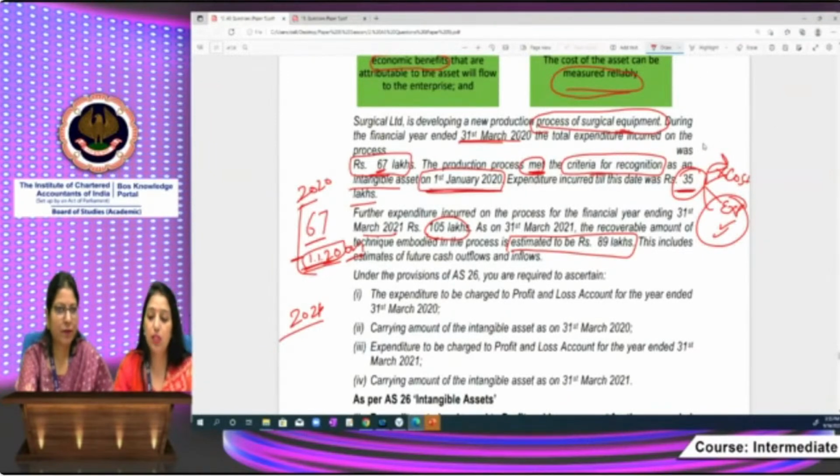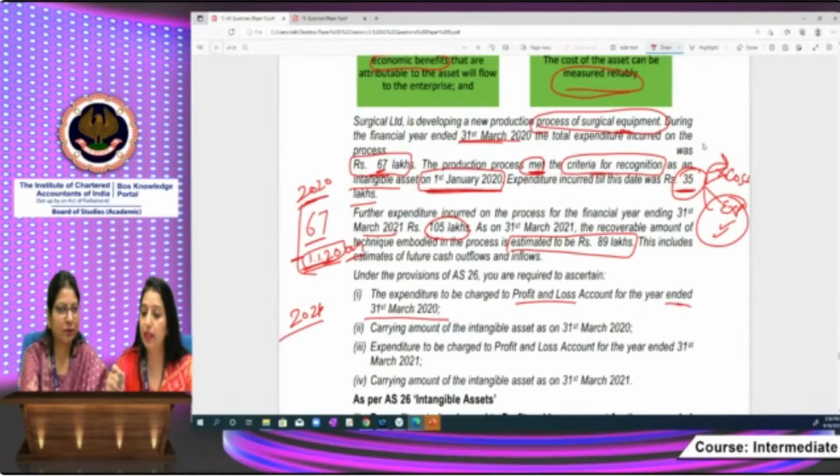So as per the provision of AS 26, what is the requirement of the question? First of all, it requires the expenditure to be charged to profit and loss for the year ending 31st March 20. For 20, how much expense will you charge? For the year 20, there is total expenditure of 67 lakh. Up to 1st January 2020, they did not meet the criteria.